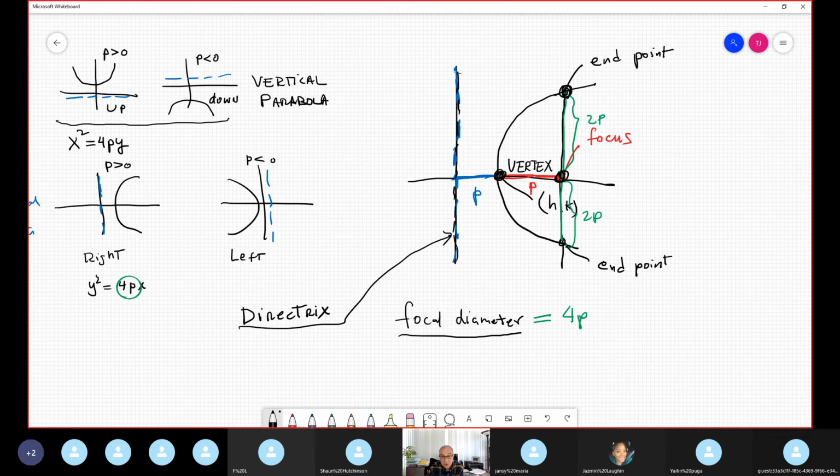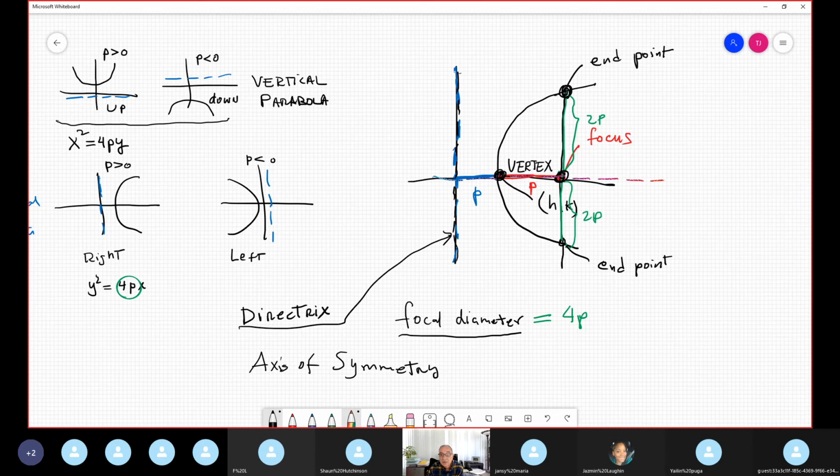I forgot something important. I forgot the axis of symmetry. Remember, we studied this in the other class. This is the line perpendicular to the directrix, always. It is the line that splits the parabola into equal parts.